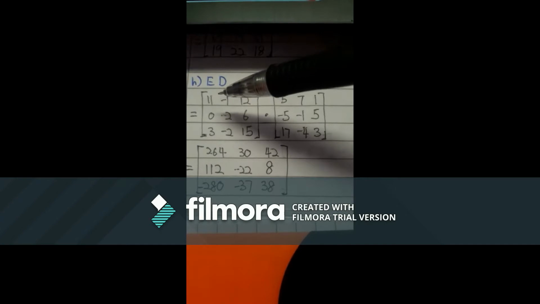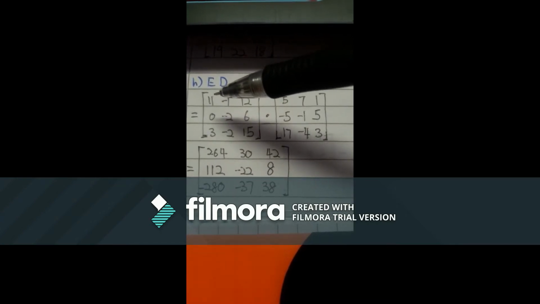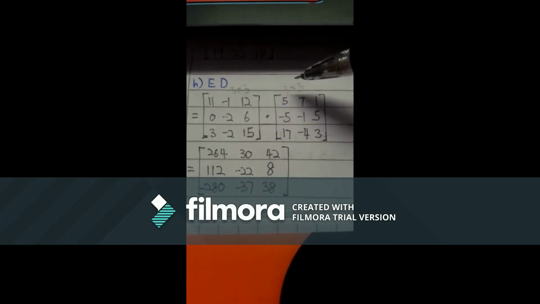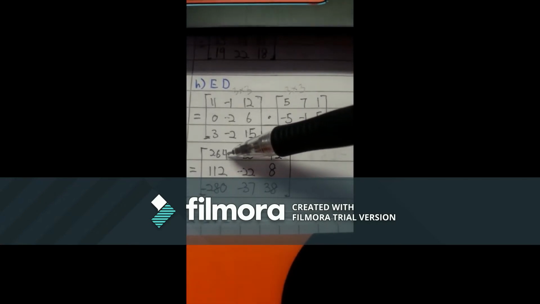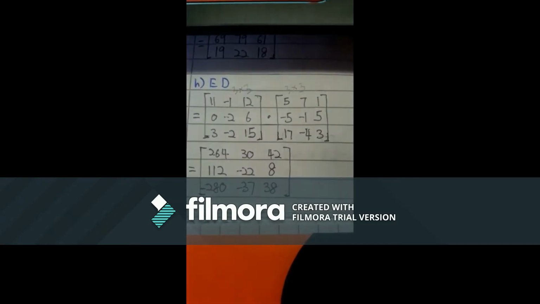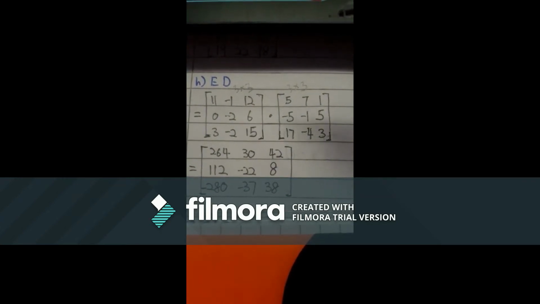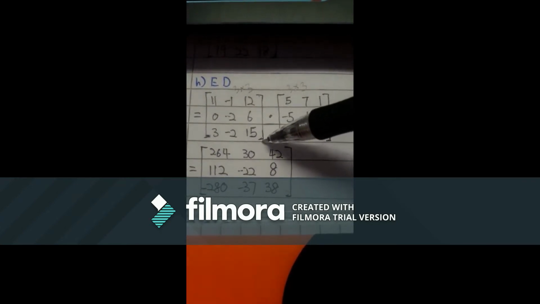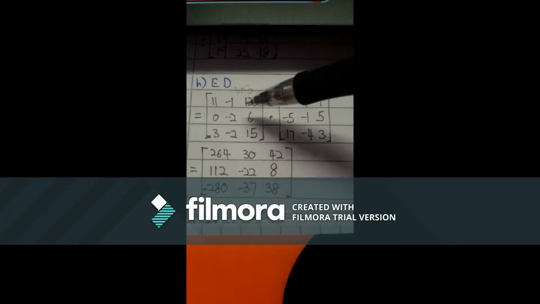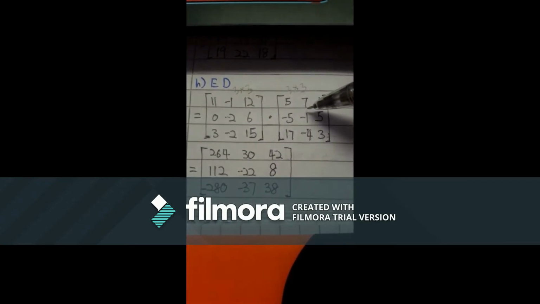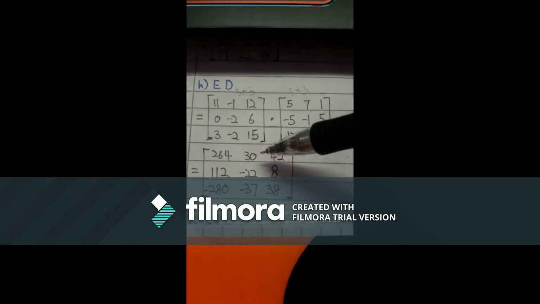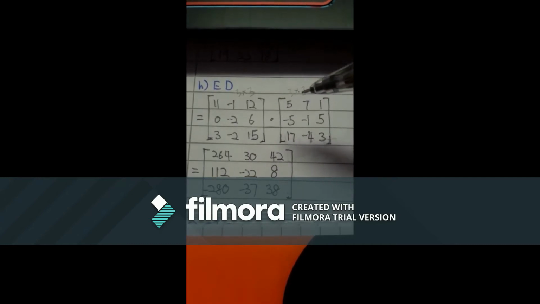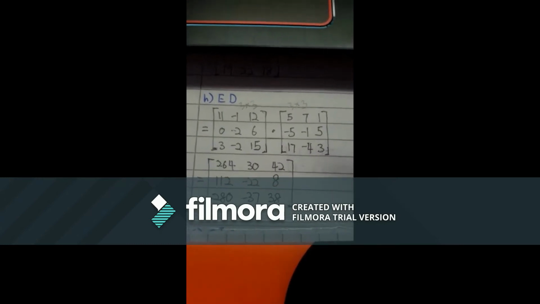Use the first row of E times the first column of D and get this answer, 264. And the second is to use the first row of E times the second column of D and get 30. And the others are done in the same way.